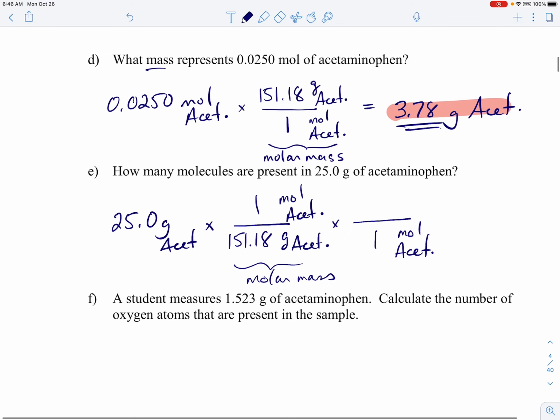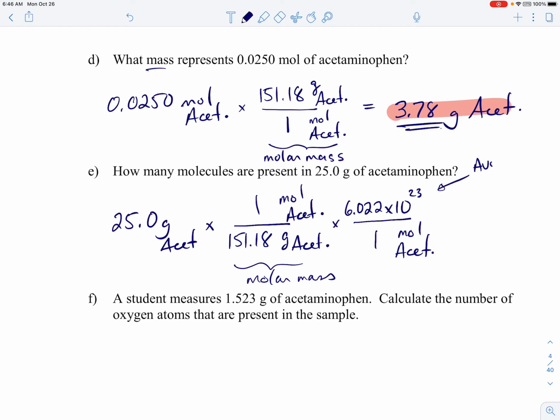So since acetaminophen is made of molecules, it's that formula on the front, it's made up of molecules. 1 mole of acetaminophen would have 6.022 times 10 to the power of 23. That's Avogadro's number. And the answer here will be molecules, because acetaminophen is made of molecules.